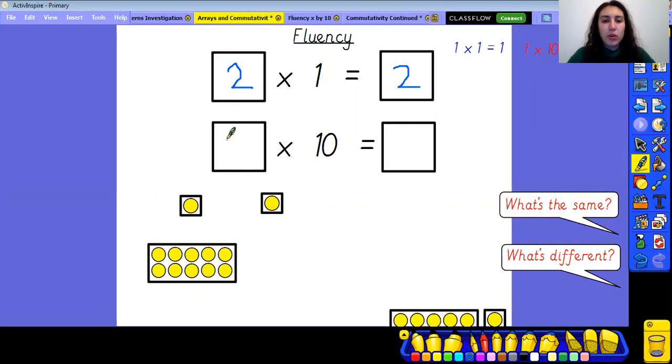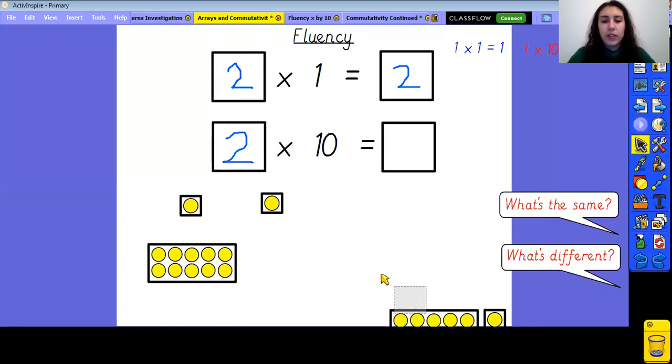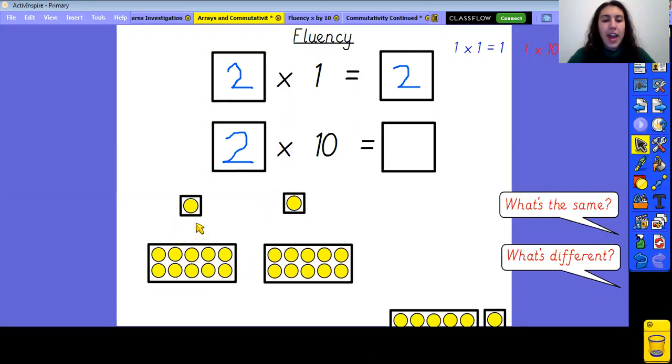What about if I've got groups of 10 then instead of groups of 1? I've got 2 groups of 10. And if I bring my other group of 10 over here, well, for every 1, I've got 10. So remember, just like we did yesterday, 2 groups of 10. So that means I'm going to be skip counting in my 2s.